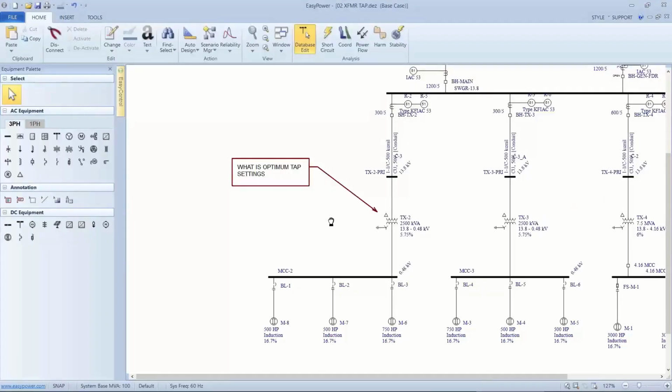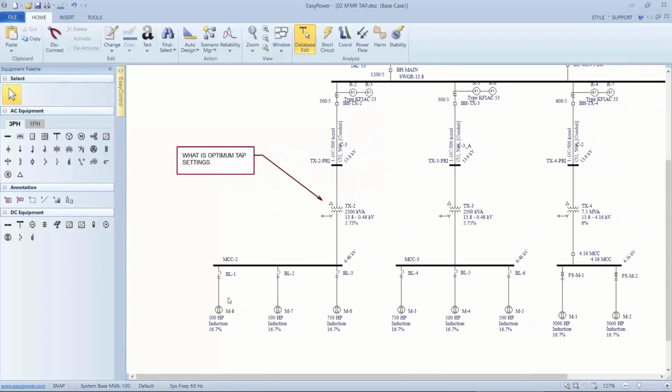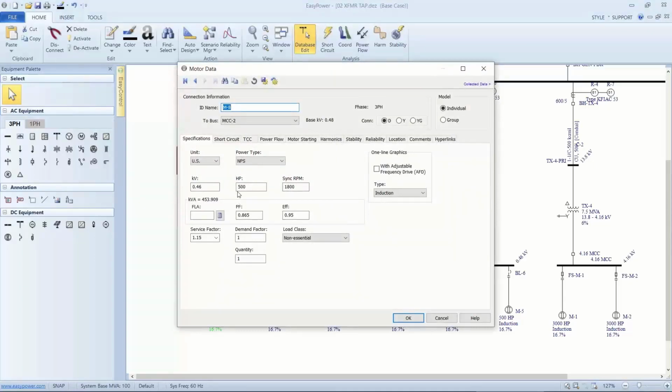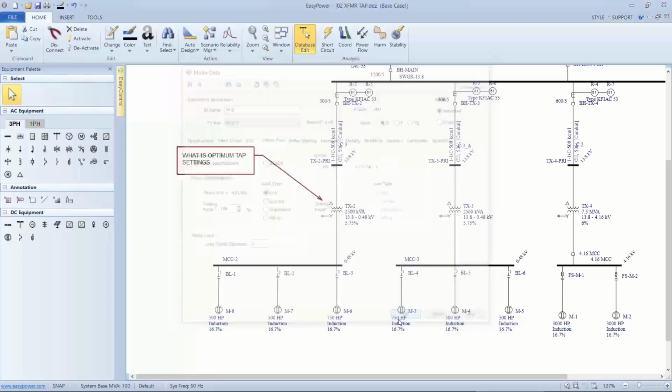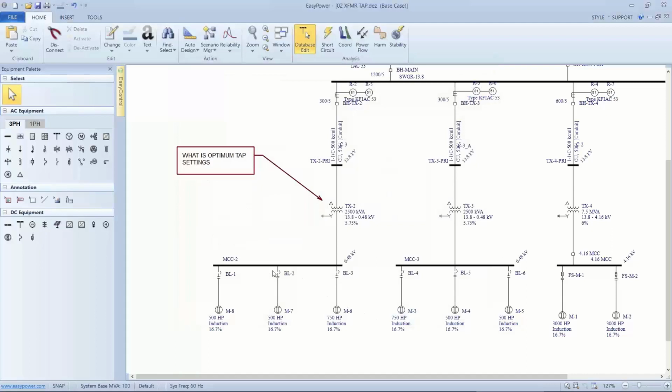When we set up a transformer in EasyPower, first of all, I wanted to talk about the motors. When we set up a motor load in EasyPower, normally in our PowerFlow settings, it's by default set up for 100% load, and we usually don't change that, because in an initial design we don't know what the anticipated run rate's going to be.